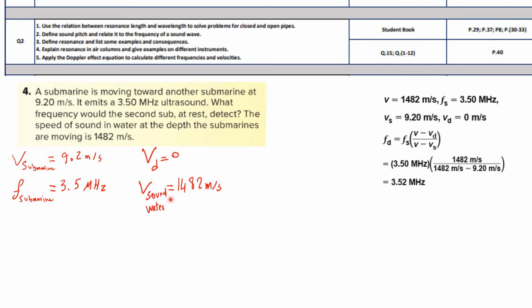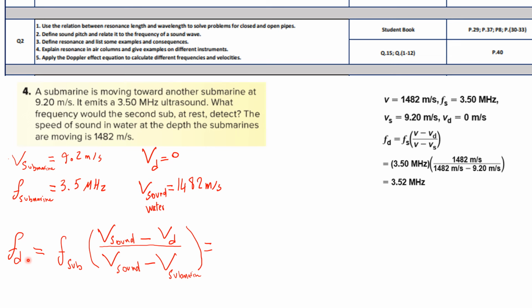1482 meters per second. So applying, of course, the Doppler effect. That's the equation where the frequency of the detector, which is what they are looking for in this question, equals the frequency of the main submarine, which is 3.5 megahertz, multiplied by the velocity of the sound, given here, 1482, minus the velocity of the detector, which is 0, over the velocity of the sound, again 1482, minus the velocity of the submarine, meaning minus 9.2 meters per second.